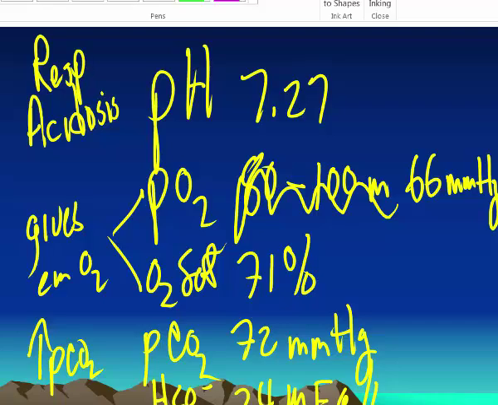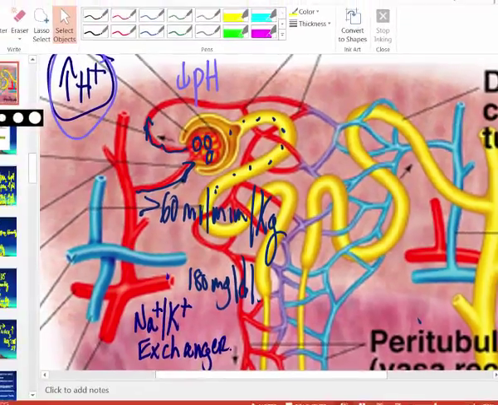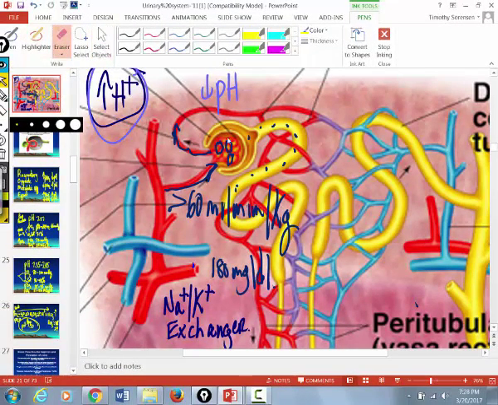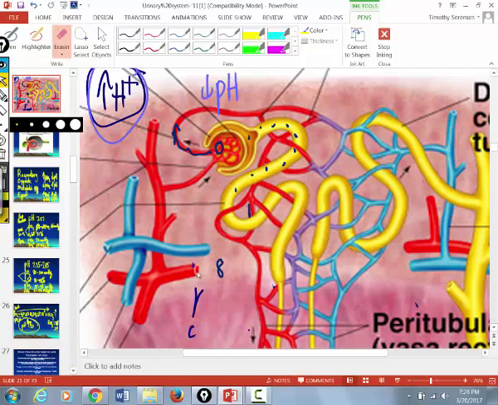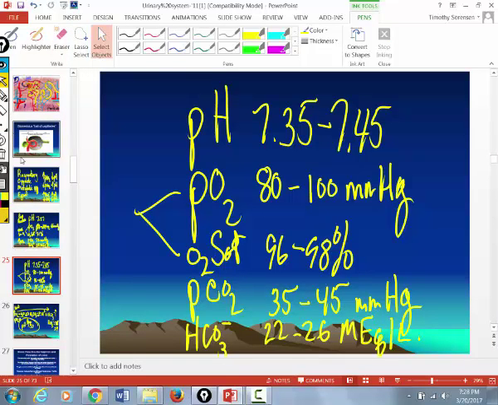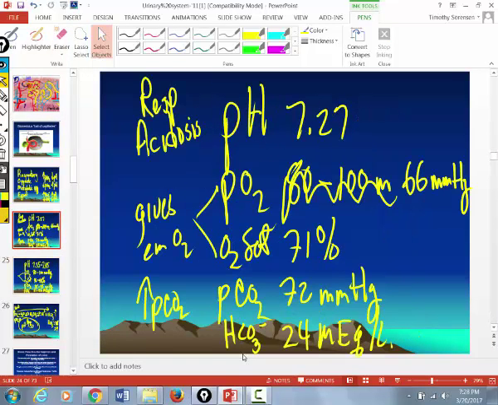Now, look at your bicarbonate. It is normal. Now, have the kidneys caught on at all? Are the kidneys helping at all? No. Because the kidneys have not caught on at all, this would be referred to as an uncompensated respiratory acidosis. Do you see this?